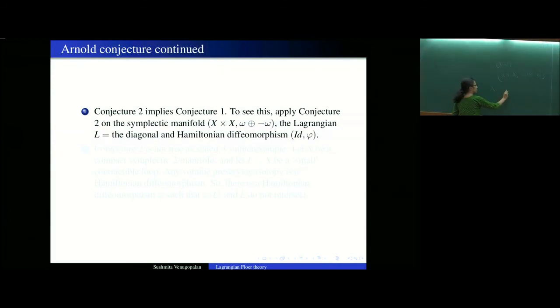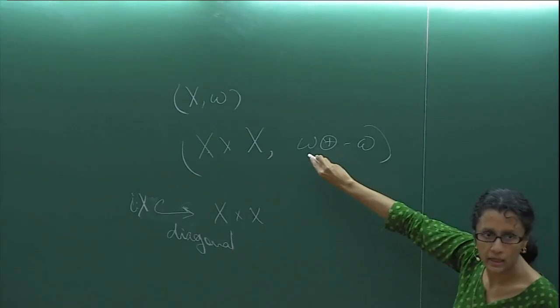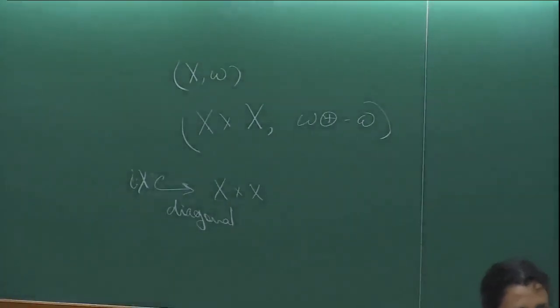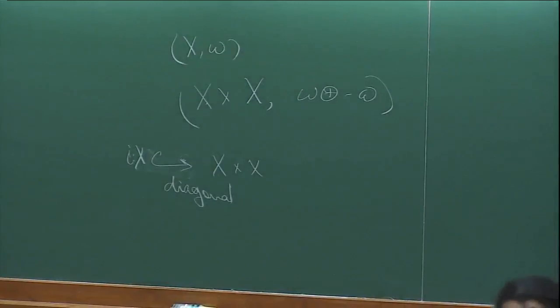In such a product, the diagonal is a Lagrangian submanifold. When you embed the diagonal into the product, you get omega on one of the factors and minus omega on the other factor, so the symplectic form on the diagonal is 0. And it's also middle dimensional.